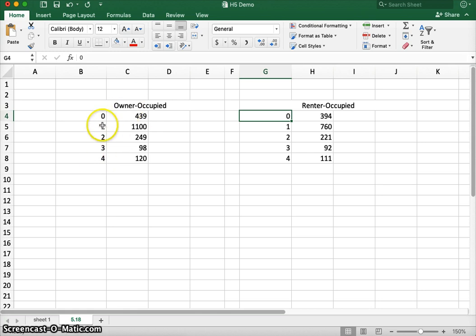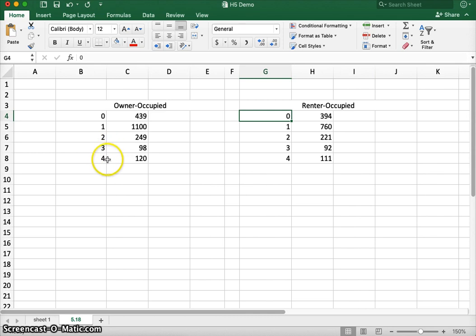So that's what this means. This is a discrete variable because you either had a shutoff or you didn't, and you either had it once or twice or 3 times. You can't have it 1.175 times.